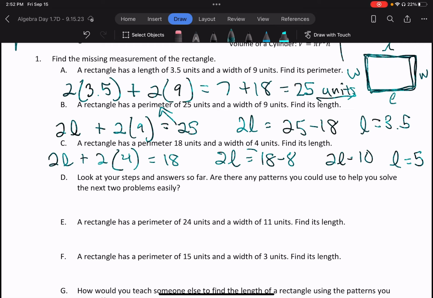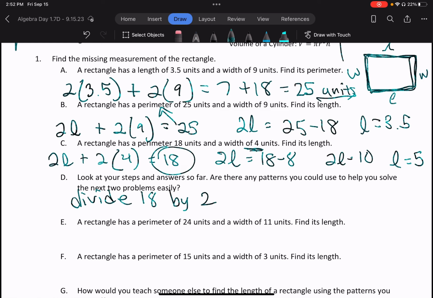Are there any patterns that you could use to help solve the next two problems a little bit more easily, right? So if you notice, when we start with a perimeter of 18 and we have the width of 4, if we go ahead and divide 18 by 2, and then we subtract W, what do we get then, right?